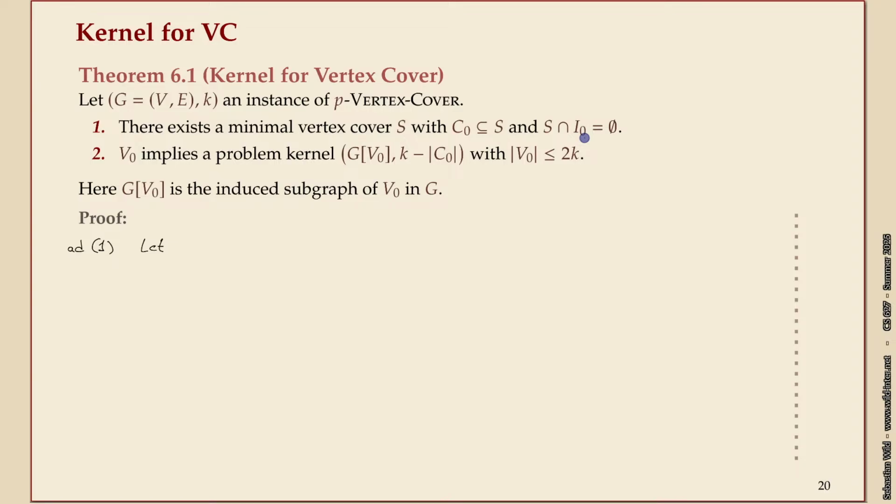So when we start, we assume that S is some optimal vertex cover. The goal will be to show that we can modify S, we call that one S star, to be like the S in the claim without making it bigger. Okay?